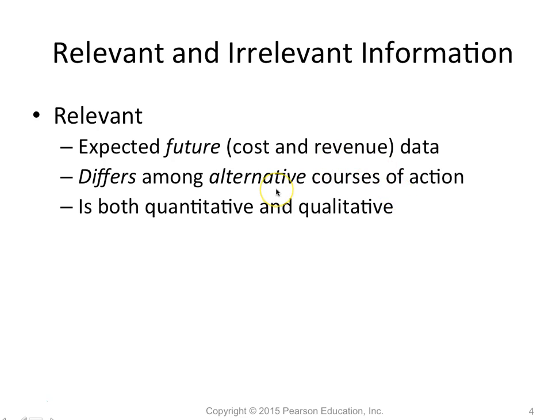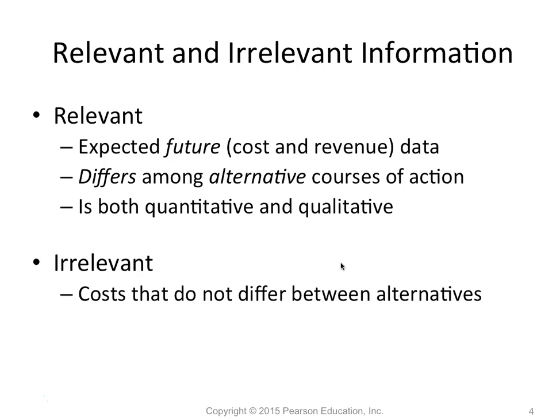So if we take action 1, action 2, action 3, what result do we get in cost and revenue? It's both quantitative and qualitative. They can be numbers, and they can be something qualitative. It's not just numbers. Some yes and no kinds of questions can be qualitative.